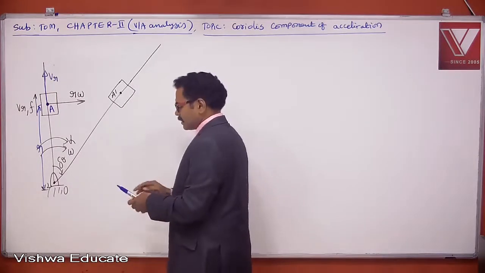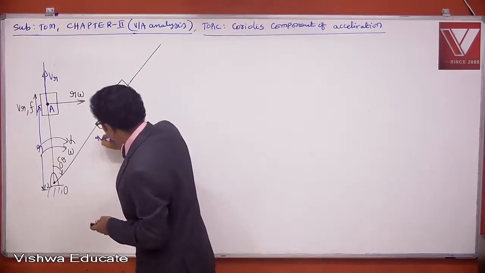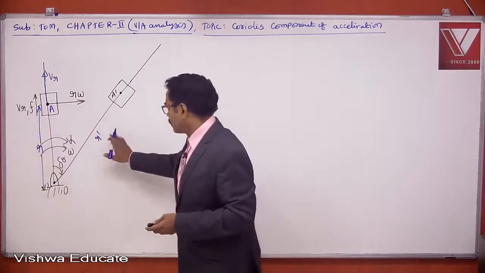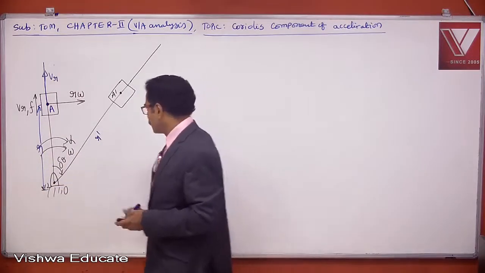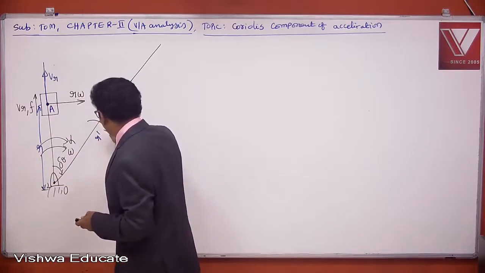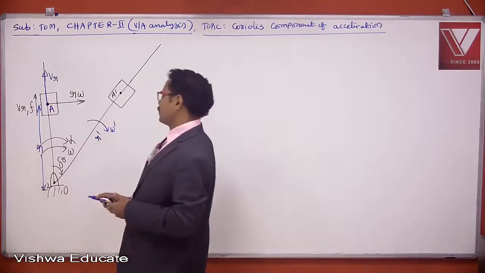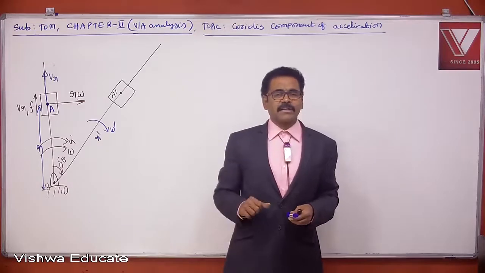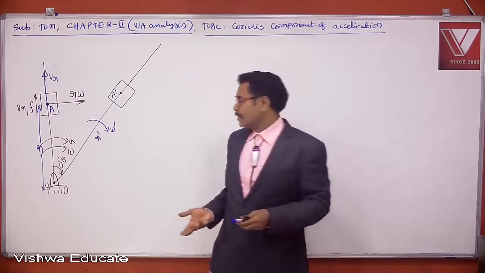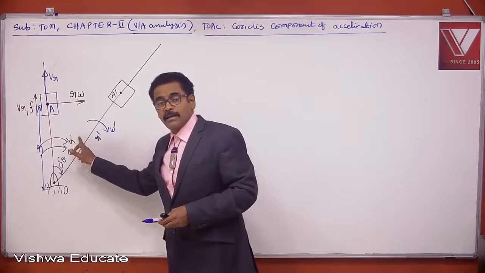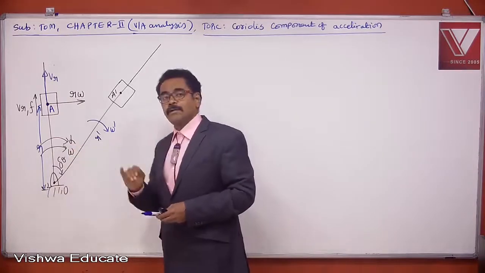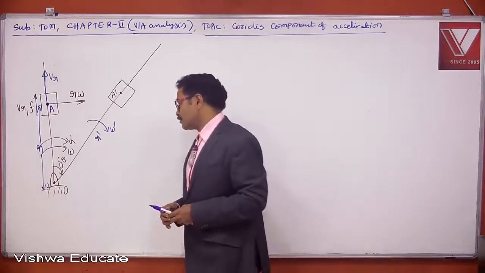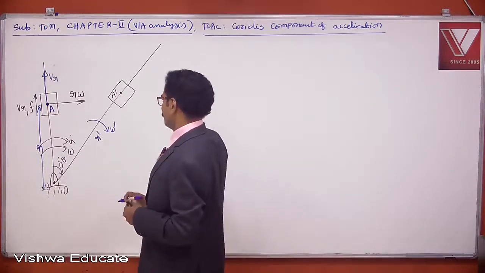Then the radial distance here is r dash. The initial radial distance of A is r, the final radial distance is r dash. And the angular velocity of the link is omega dash, because the angular velocity is not constant. It keeps on changing. Angular acceleration alpha is given, so omega will not be constant. The initial angular velocity is omega, the final angular velocity is omega dash.